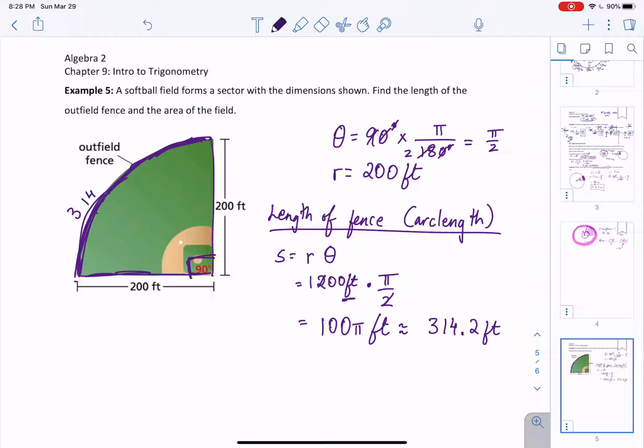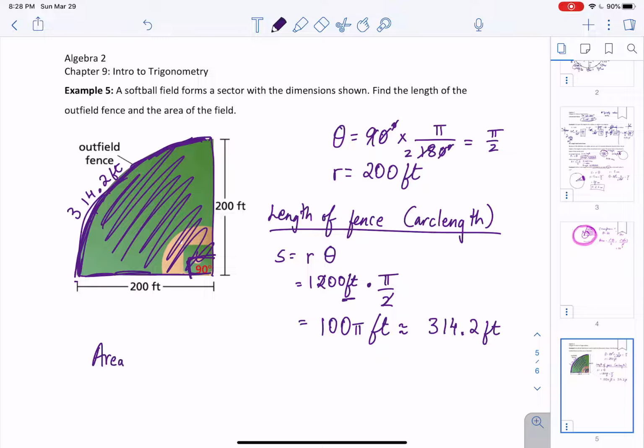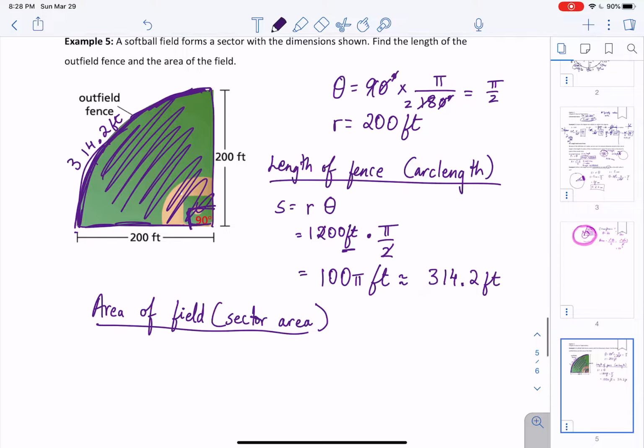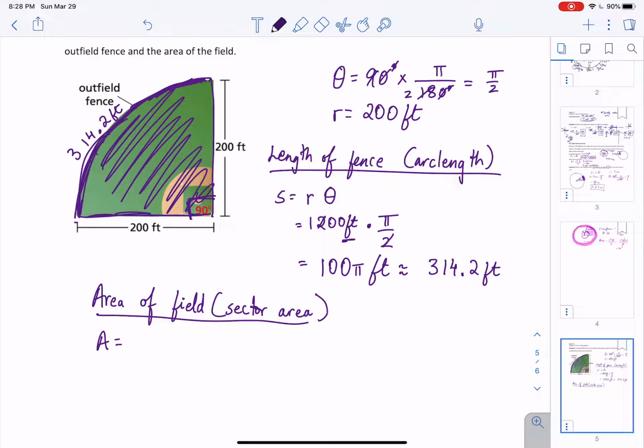This is 314.2 feet. Next thing we want to know is the area of this whole piece. So the area of the field, which is sector area, uses the formula r squared times theta divided by 2.